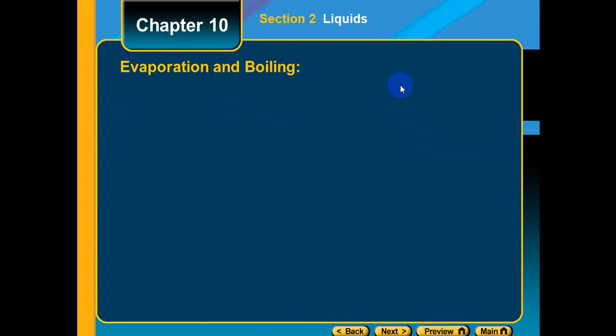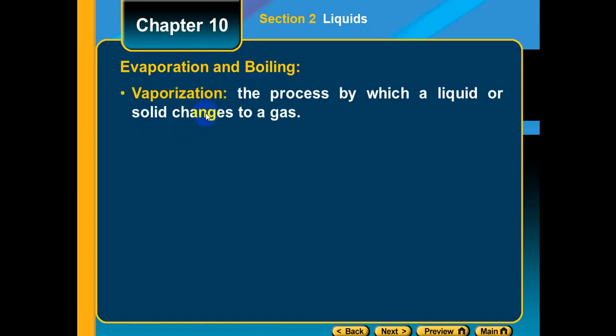Evaporation and boiling. What is meant by evaporation and boiling, and the difference between them? Let's start with vaporization, the process by which a liquid or a solid is changed into a gas. We will discuss it in detail in section 4.